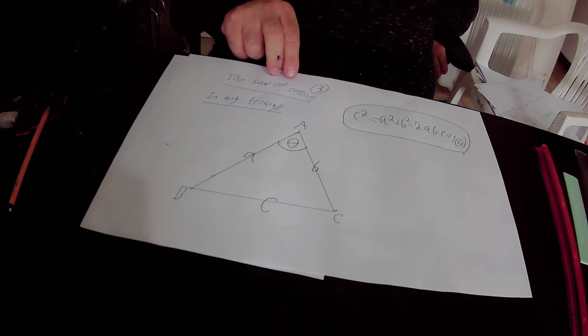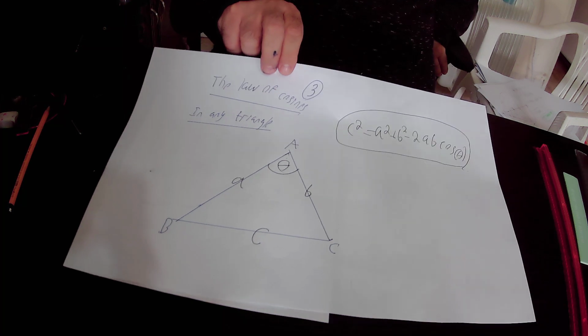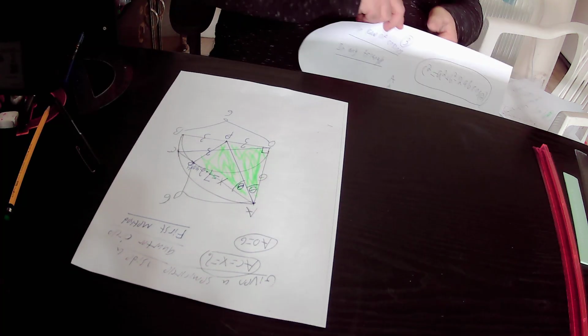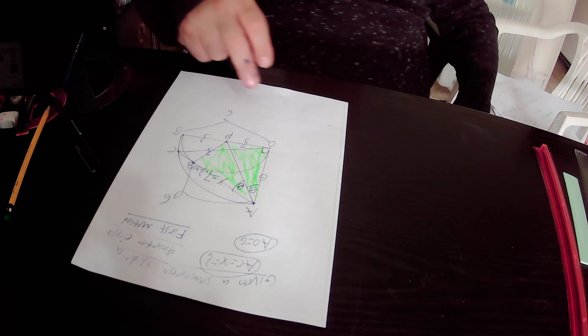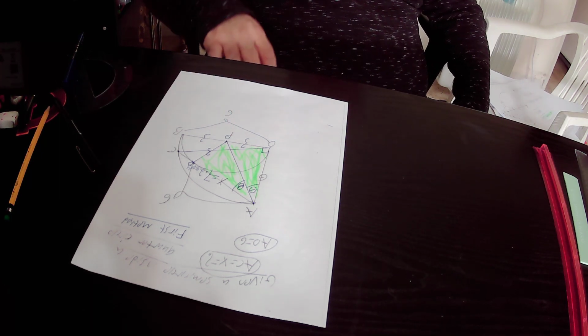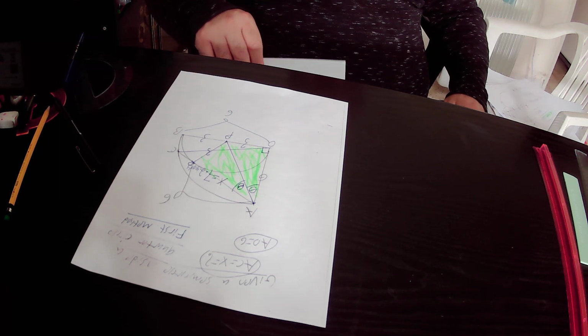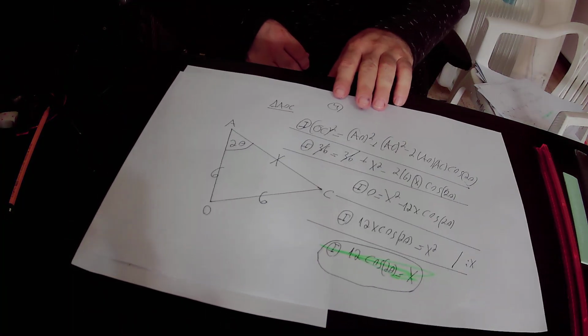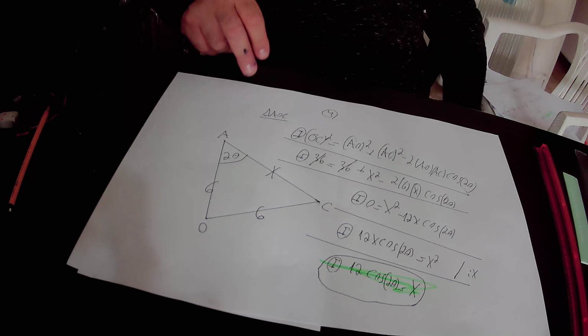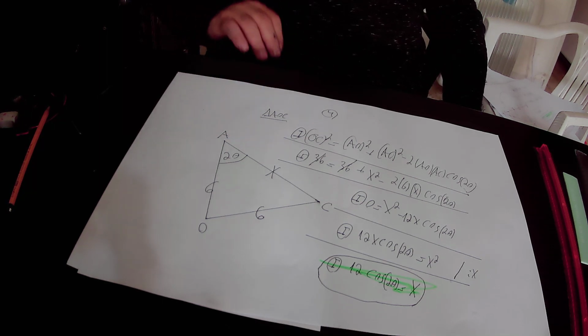Again, C square equals A square plus B square minus 2AB times cosine theta. We implemented the law of cosines in our triangle AOC, so I copied triangle AOC in a new page. This is not a right triangle.